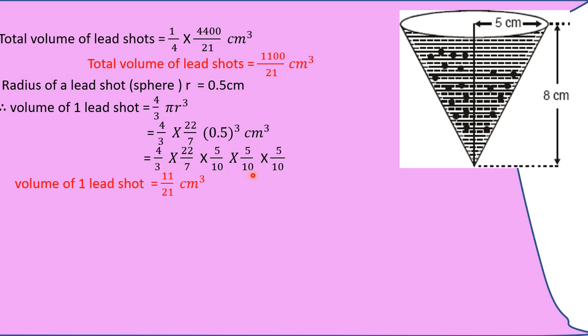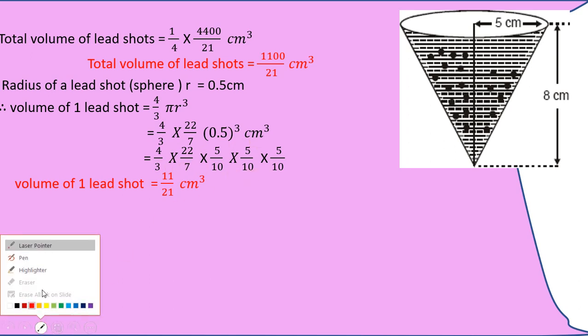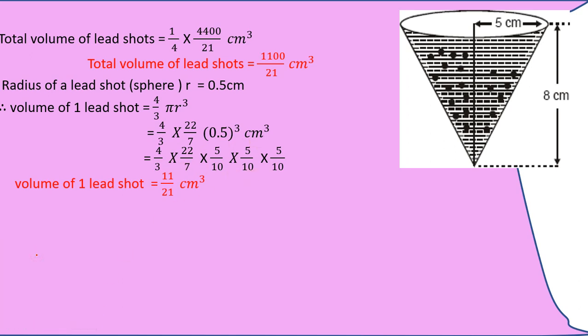So let's calculate this. 5 divides 10 two times. This 5 again divides this 10 two times. 5 divides this 10 two times.